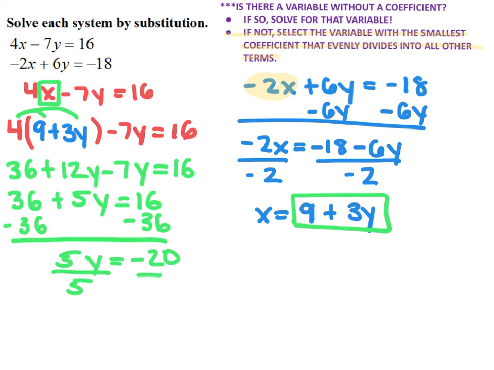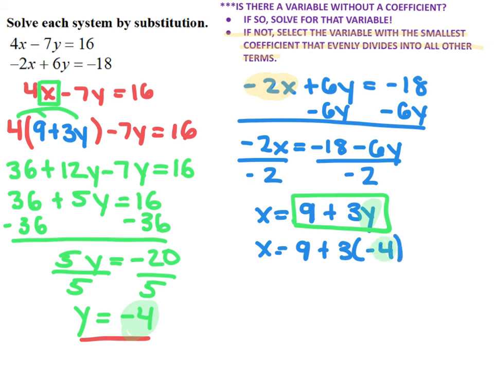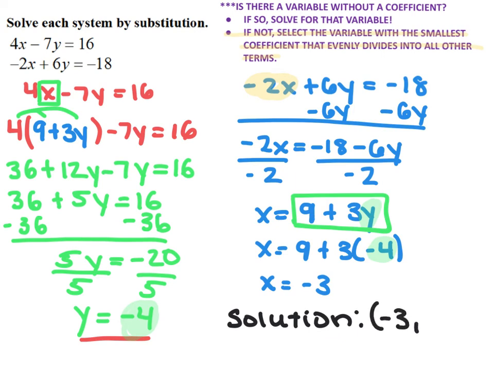Divide both sides by 5 to get y equals negative 4. Now you can substitute this value of negative 4 into the original equation. So you'll get x equals 9 plus 3 times negative 4, which becomes x equals negative 3. So the solution to the system is negative 3, negative 4.